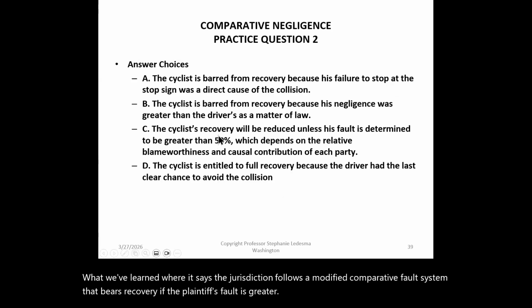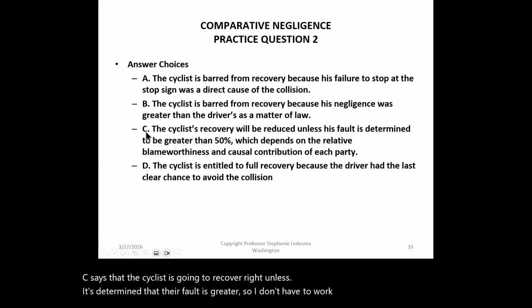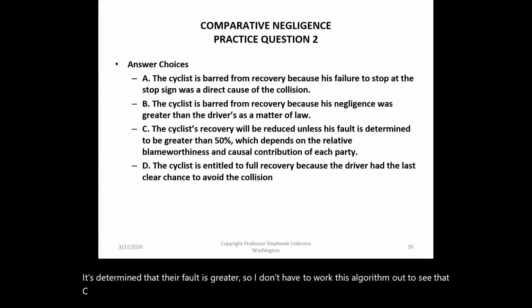C says that the cyclist is going to recover unless it's determined that their fault is greater. So I don't have to work this algorithm out to see that C matches the language that's given in my rule, but I've got to look at D.